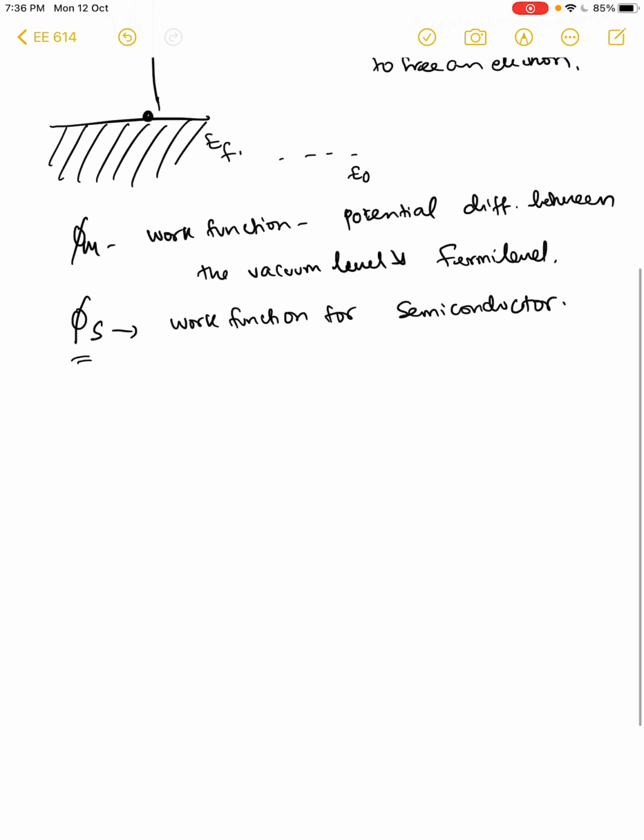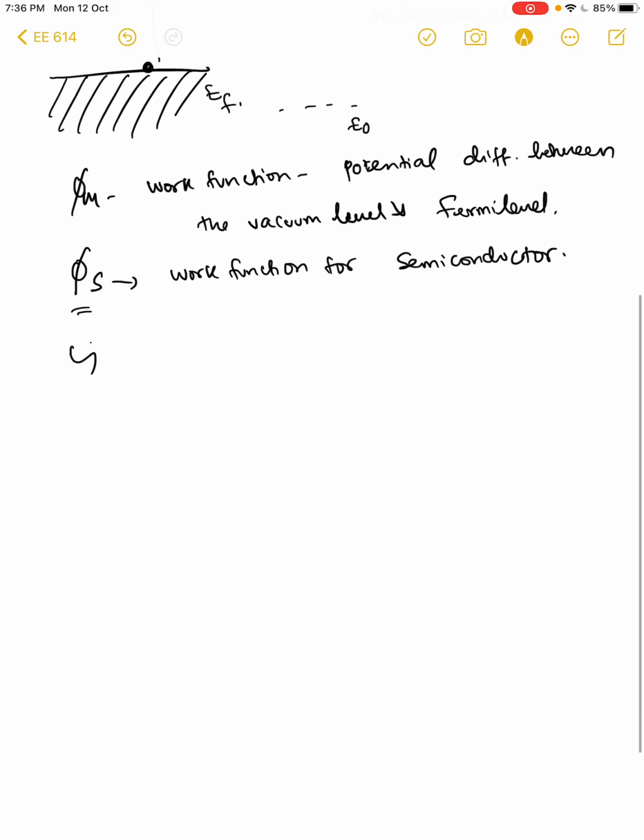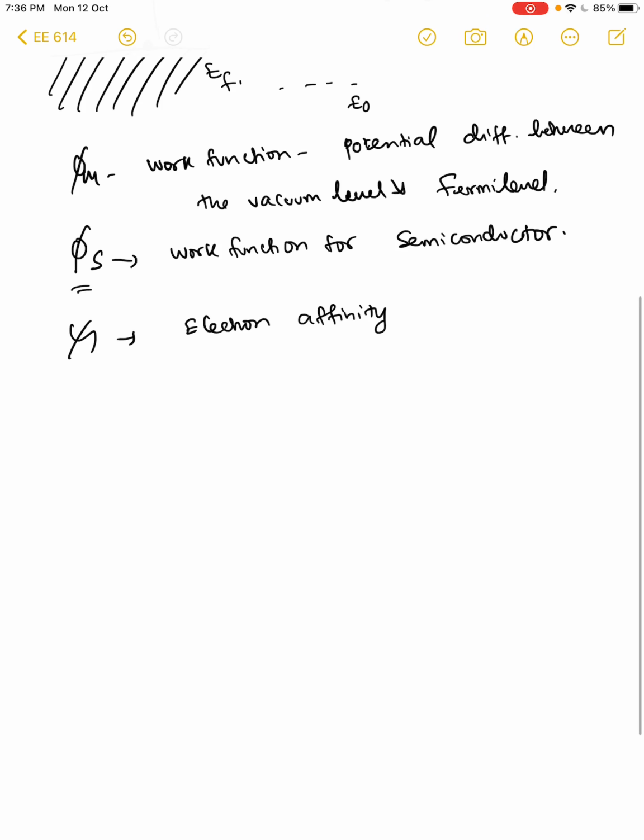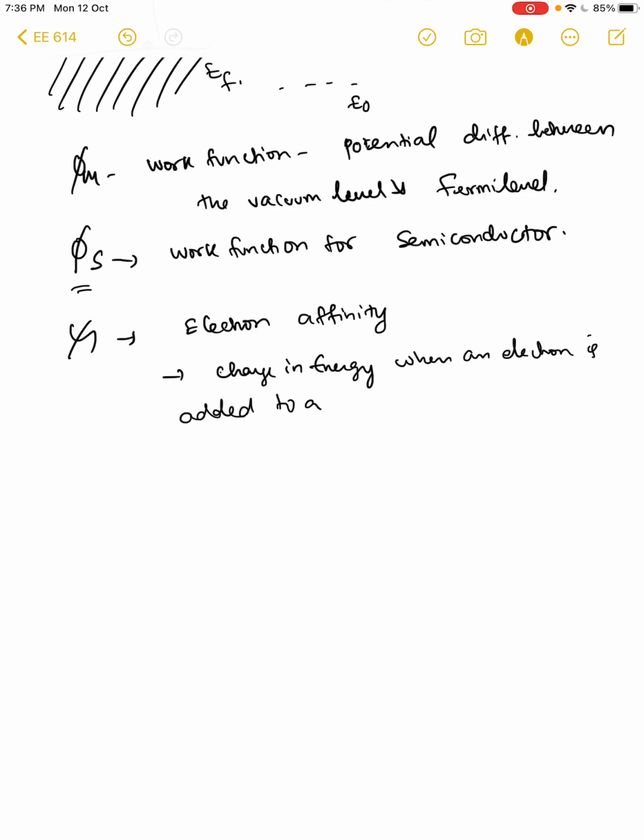What we deal with is called chi, which is electron affinity. It is the same thing. Basically, it is the change in the energy when an electron is added to a neutral atom.